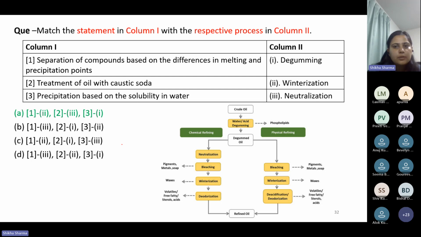Which is correct. So when we have oil, we go for its water or acid degumming. Then the degummed oil can be refined, in which the phospholipids are removed, and there can be two types of refining, physical and chemical refining.